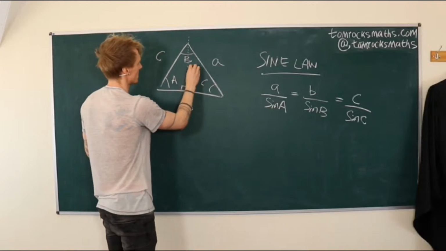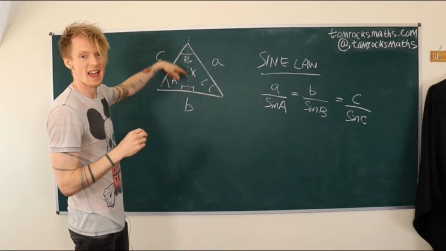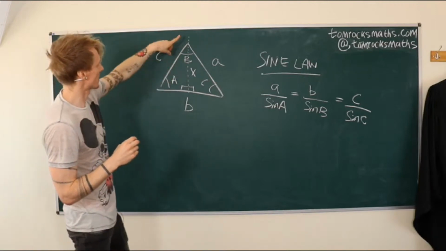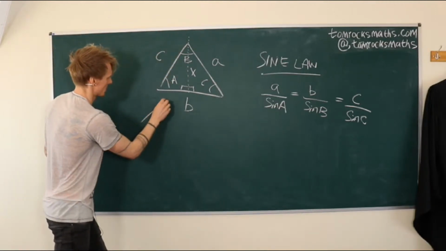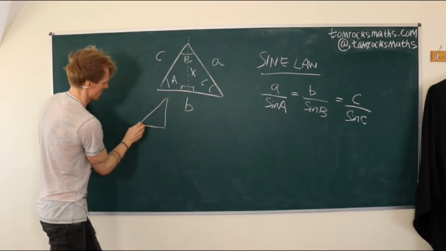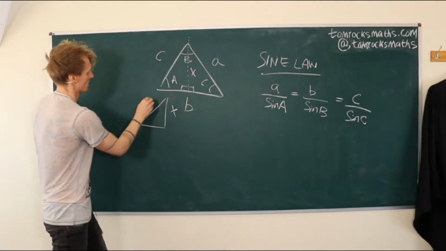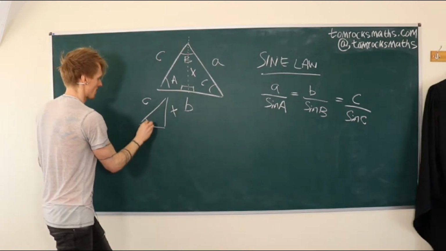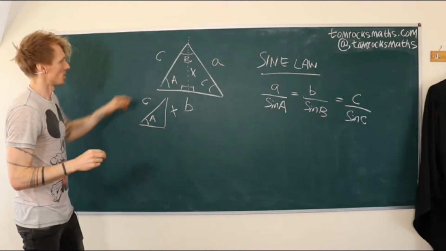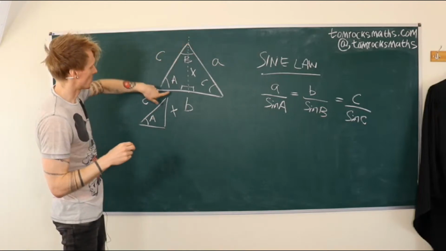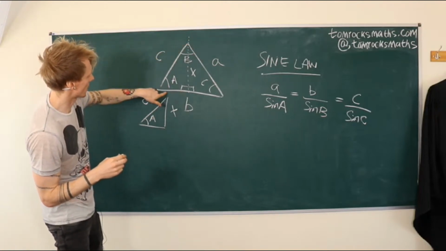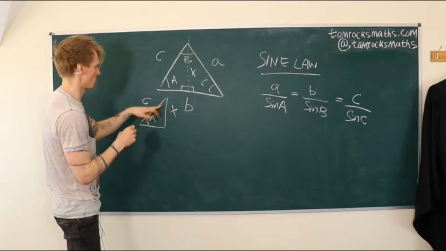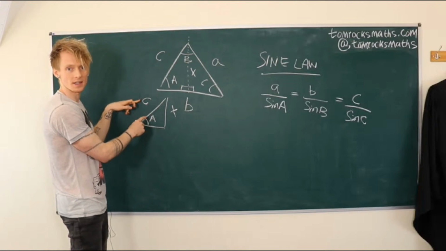And so if I call this middle thing X, let's call it, then what we have is a right-angled triangle, and I'll draw it out down here a bit clearer. So I've got side length X, this one's C. This one I don't know, but I do know this angle A. So I don't know the angle at the top. I don't necessarily know the length here, because this could be any triangle, remember. But I definitely do know this is angle A and this is side length C.